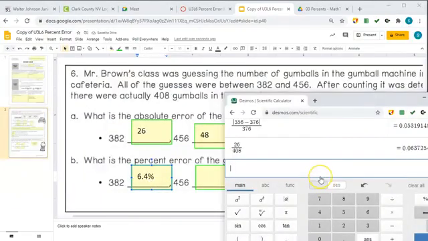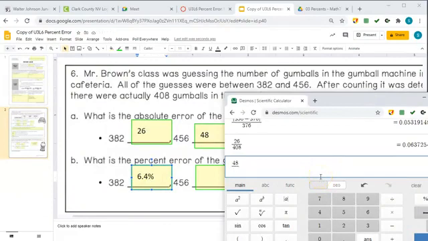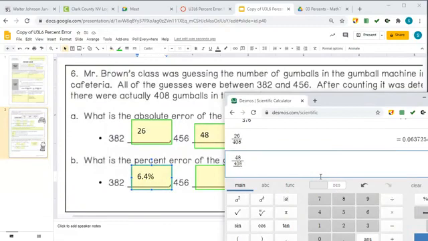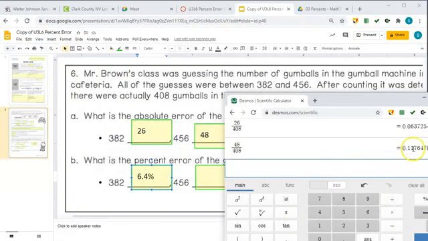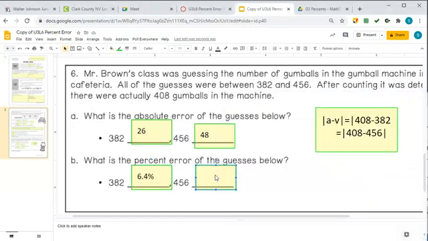Let's take our other number, 48, divided by 408, and that's approximately 11.8%. Okay. So this one was an underestimate by about 6.5%. This one was an overestimate by almost 12%.